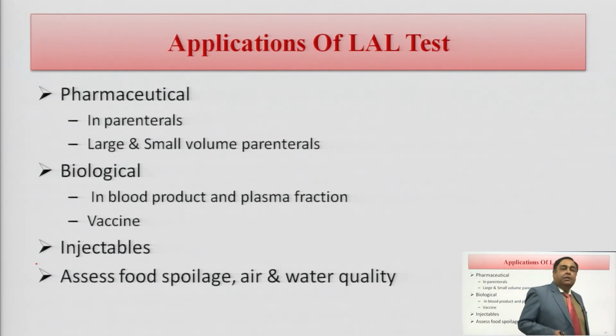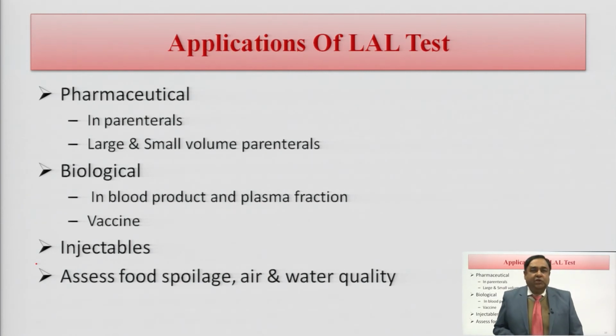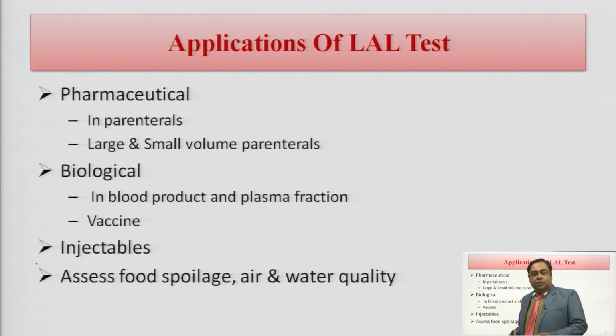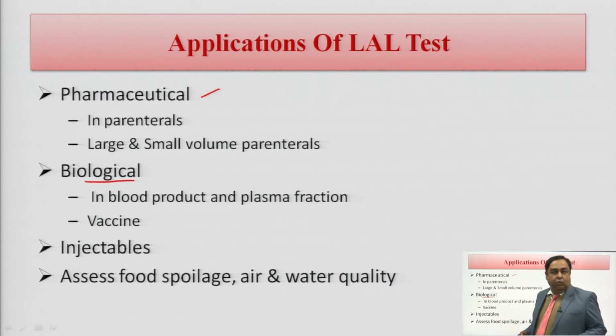Let us see what are the major applications of this LAL test, where this LAL test is very commonly applied. Now, the LAL test is applied in various pharmaceuticals, whether it is a case of a parenteral or a small and large volume parenteral, both we are using. We are using the LAL test for biological products like vaccines, plasma fractions and so on.